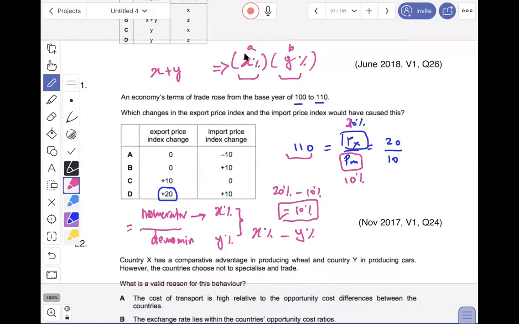So whenever two expressions are divided and I give you percentage changes, you can subtract them. Whenever two expressions are multiplied and I give you percentage changes in them, you can add them to find the total. So in this case, 20% minus 10%, the answer will be D. Got it?